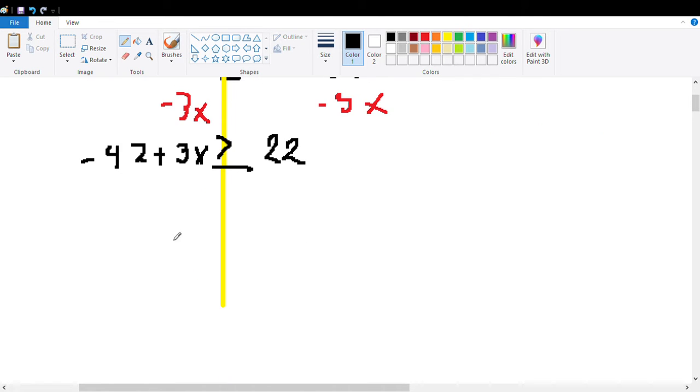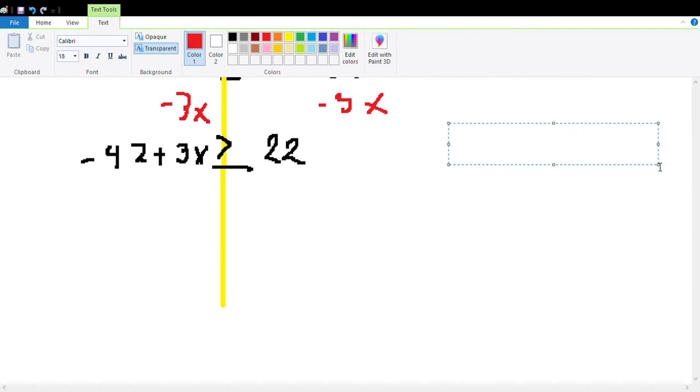Now what do we do? Now we want to eliminate the constant.